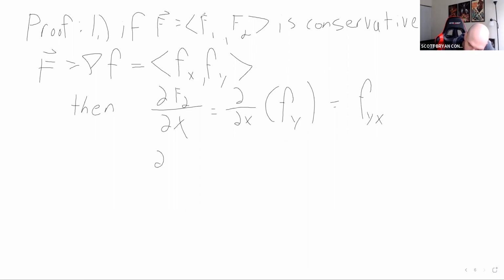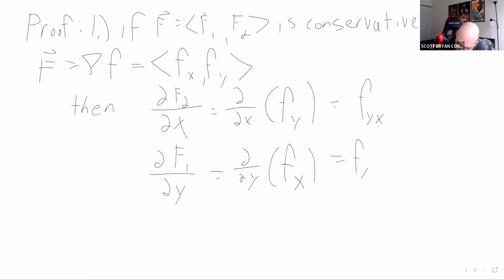Similarly, the partial of F1 with respect to y is the partial with respect to y of f sub x, and that's f sub xy. And we know by Clairaut's theorem these have to be equal. So the partial of the second with respect to x has to be equal to the partial of the first with respect to y, if we're conservative.